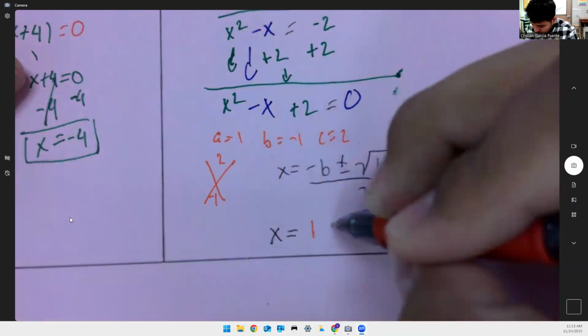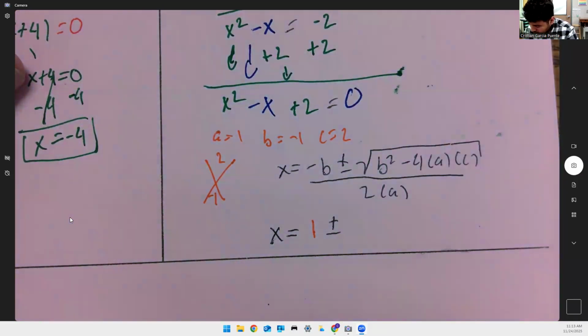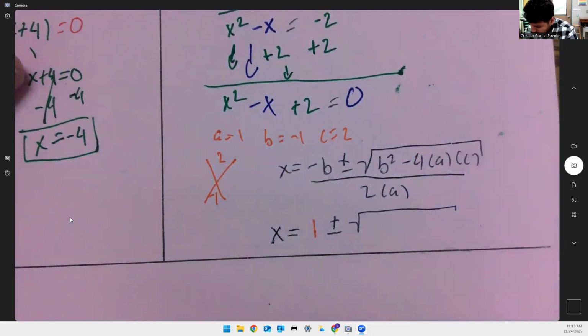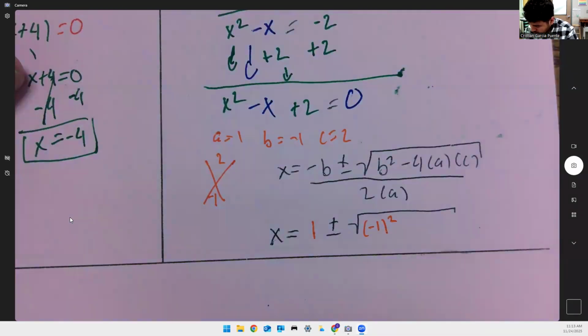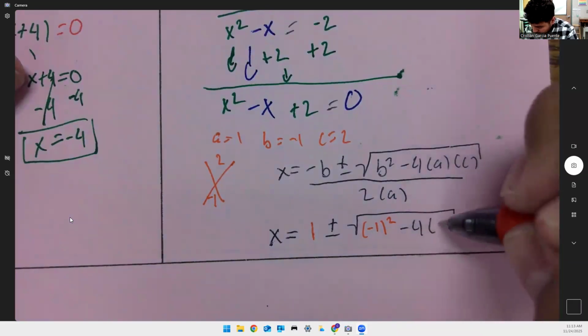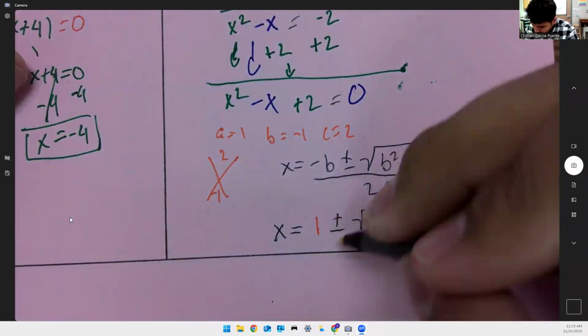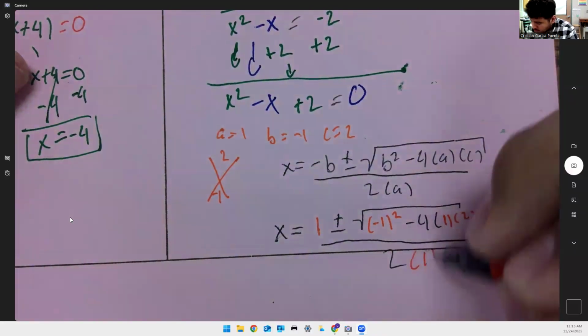Positive 1. So 1 plus or minus the square root of b squared, so negative 1 squared, minus 4ac, so 1, 2, all over 2 times a, which is just 2 times 1.